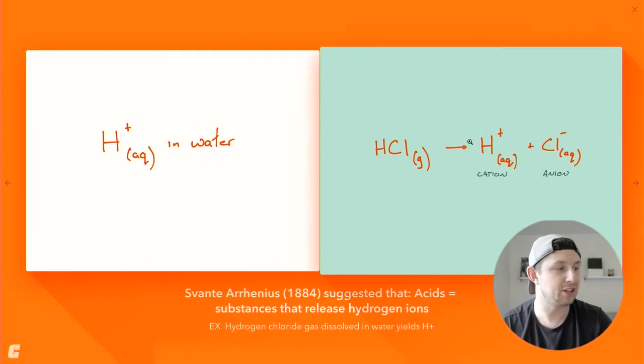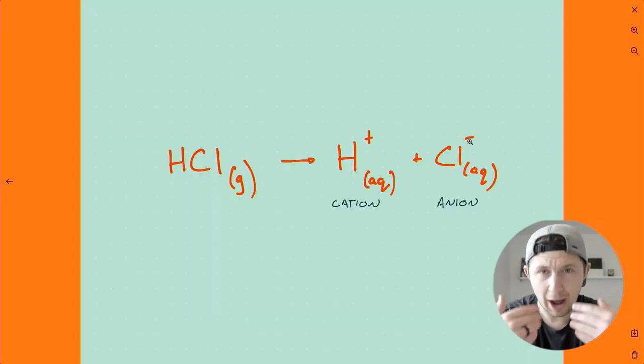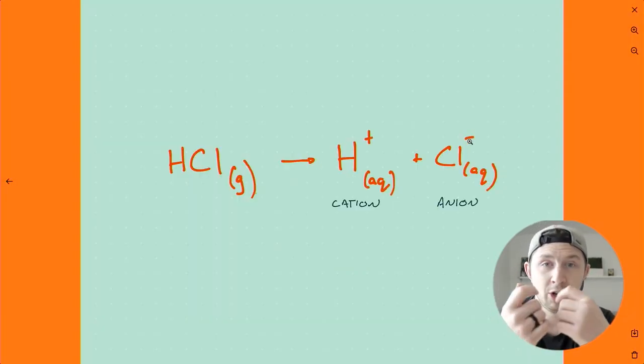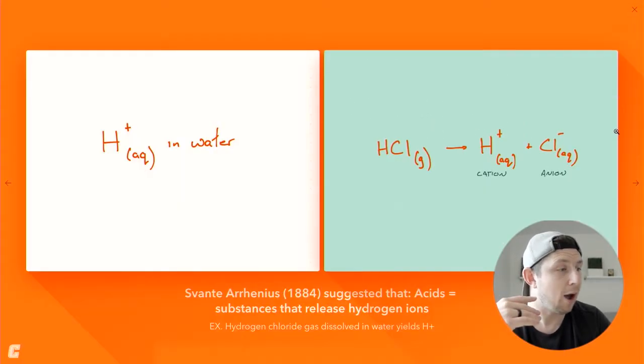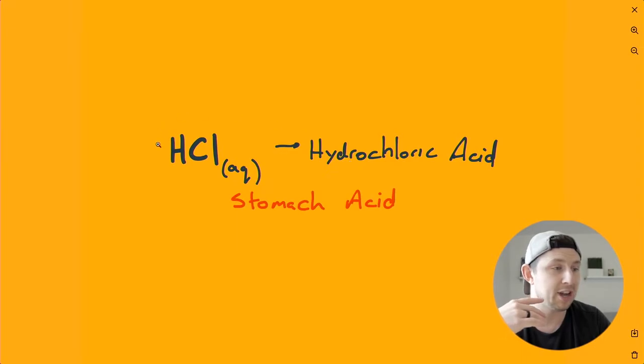And so the example we use all the time is hydrogen chloride. Hydrogen chloride as an ionic compound looks like this, and for us we've got it in this gaseous state. So hydrogen chloride gas, when it gets dissolved in water, becomes aqueous, okay, dissolved in water, and it forms cations, hydrogen, and these chloride anions. Now, as soon as those hydrogen cations are present, we get an acid. And so that's why we use this example all the time.